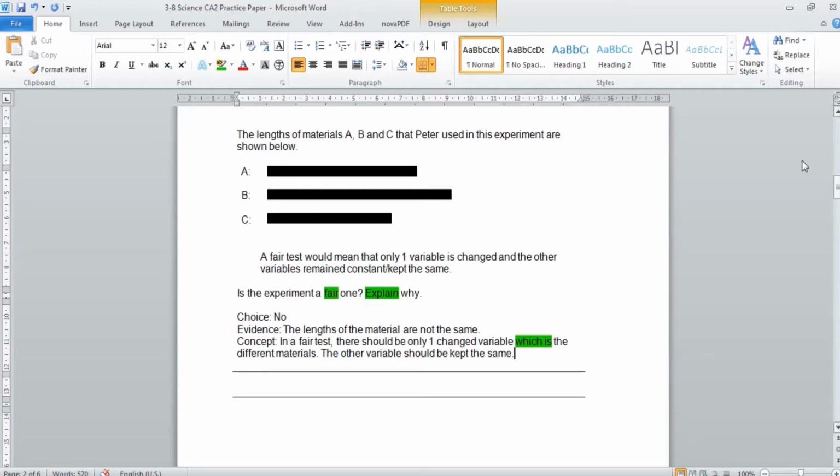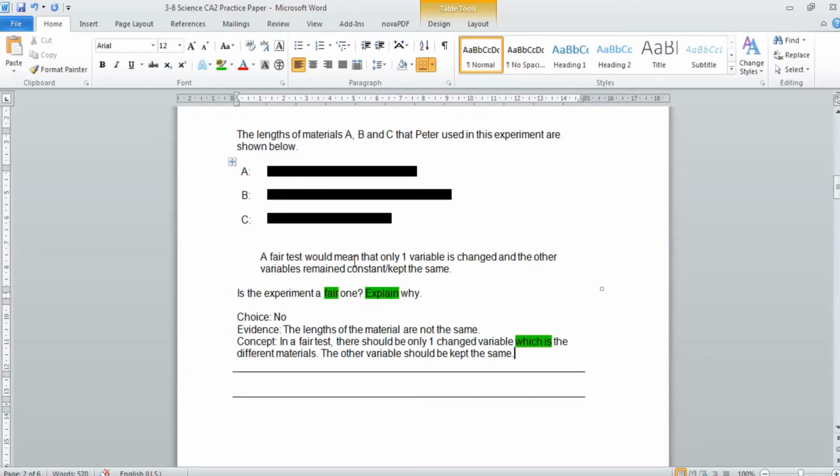So in this case, we just want to know whether it's a fair test or not. Can you see? I do not write this statement over here. That will just give me a general statement. So I first say that no, it's not a fair test. Why is it not a fair test? Refer to the experiment because the lengths of the materials are not the same. And why is it not fair if it's not the same? Because I learned that in a fair test, there is only one change variable. And again, refer back to the experiment.